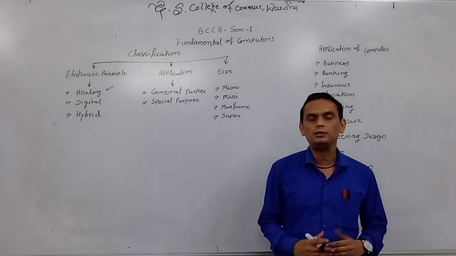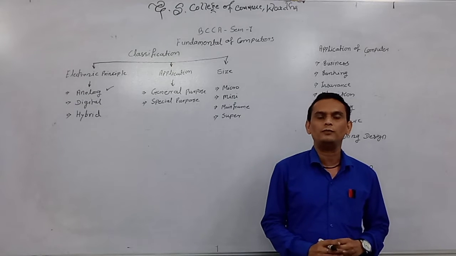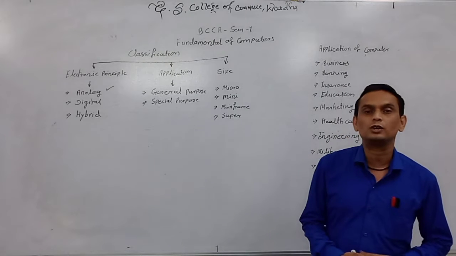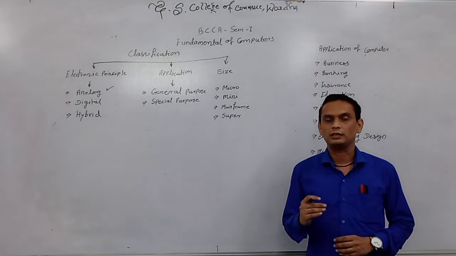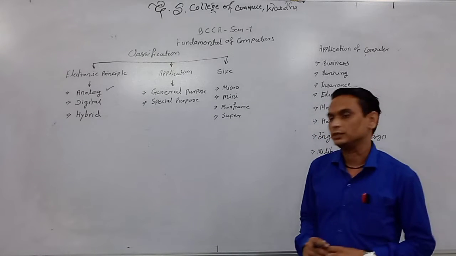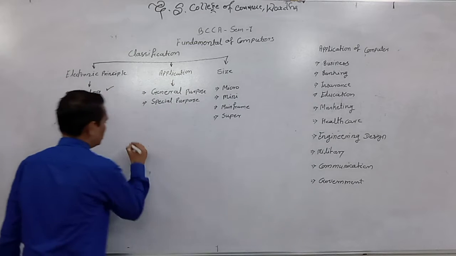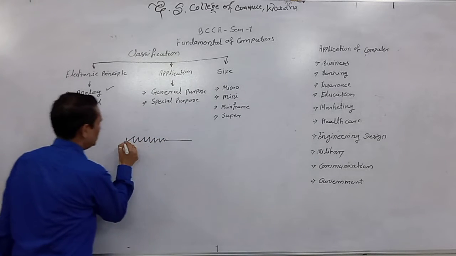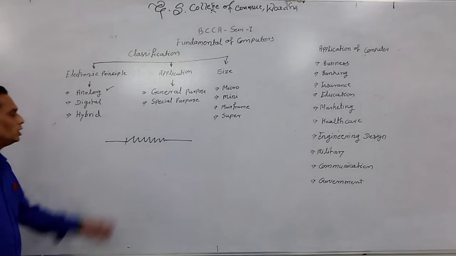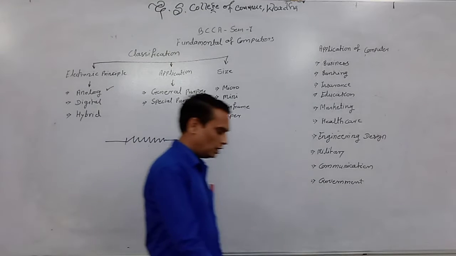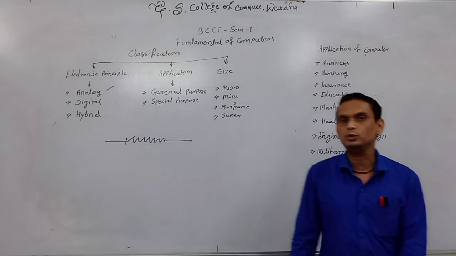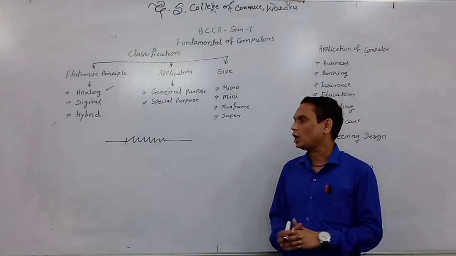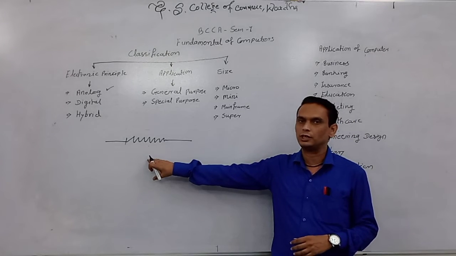We should first provide the input in the form of electrical pulses, because these work on analog principles. The data can be transmitted electronically from one component to another, and we can provide the output also in the form of electronic pulses.